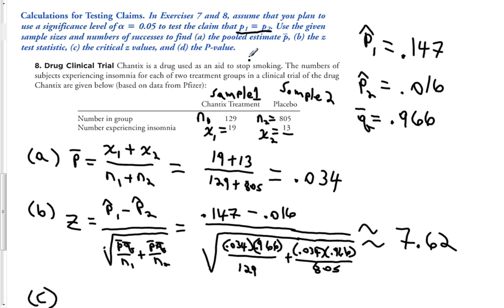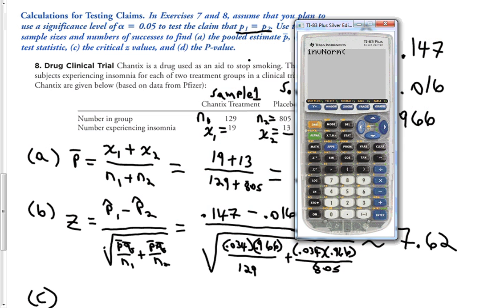So we find the z-score for 1 minus 0.05 over 2.